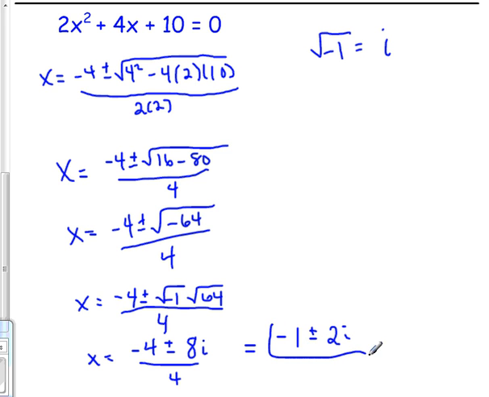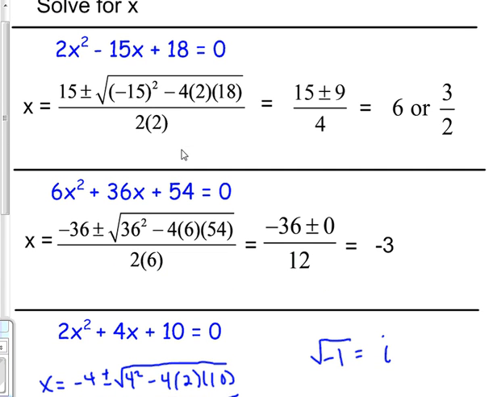So what does this mean? Well, this is a complex number, negative 1 plus or minus 2i, and this tells me something about the graph. One of the things we haven't talked about much in these videos is what happens on the graph of these examples. The first one had 2 answers, 6 and 3/2, so guess where it crosses the x-axis? 6 and 3/2.